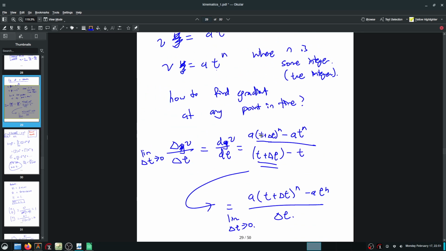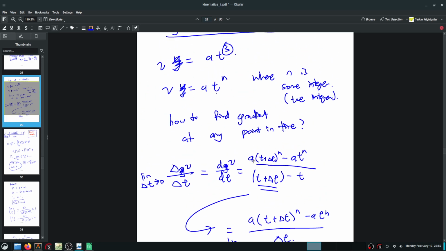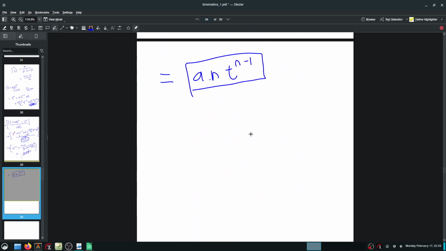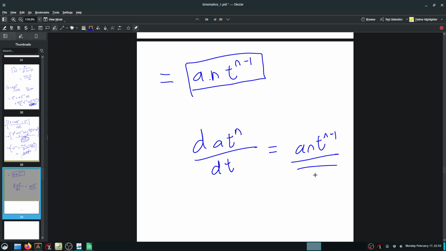d(a t to the power n) over dt equals a n t to the n minus 1. So we have used this binomial expansion to figure this out.